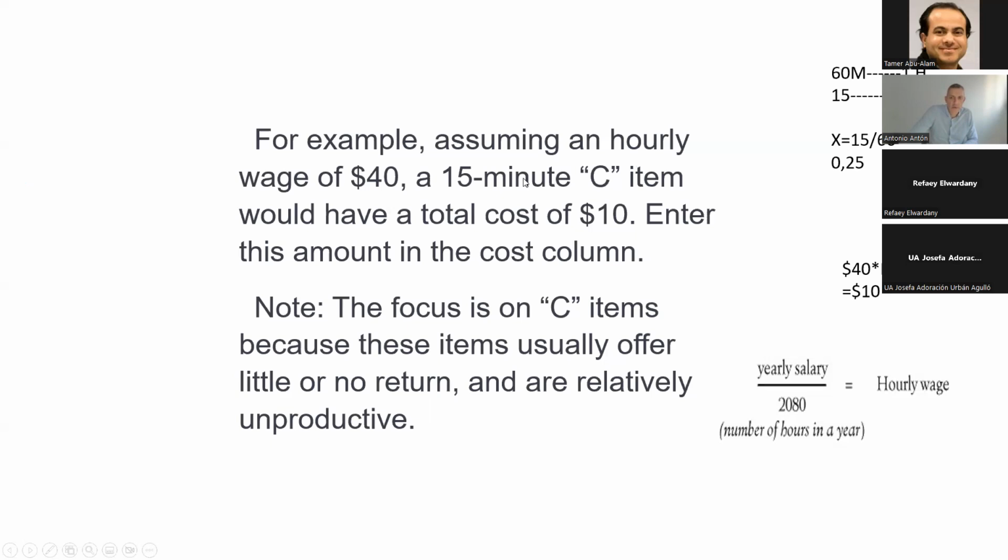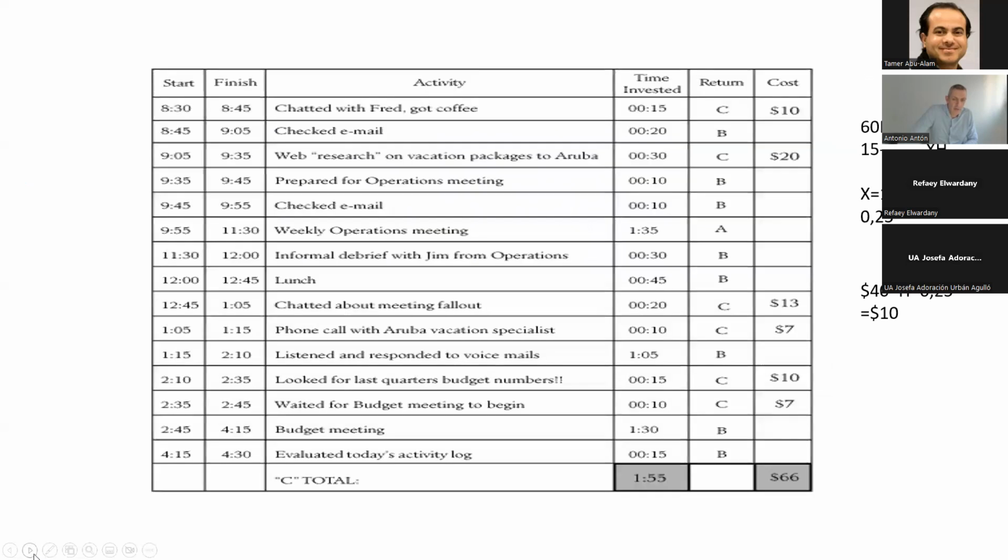According to this exercise, we assume that this is $40 per hour. So here you say, well, I'm a freelancer and this is my paid hour. So it's very easy to calculate the cost of the Cs. Basically the Cs, because A and B lead this company and these people to value.